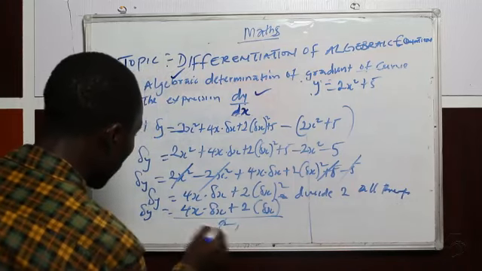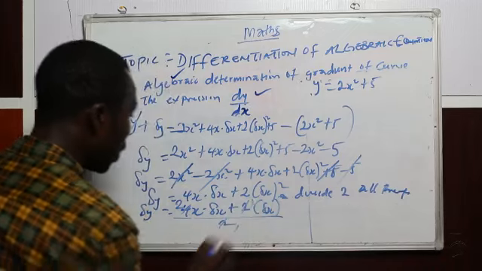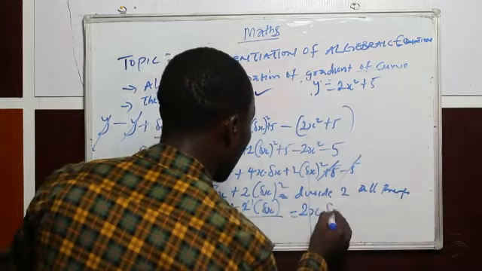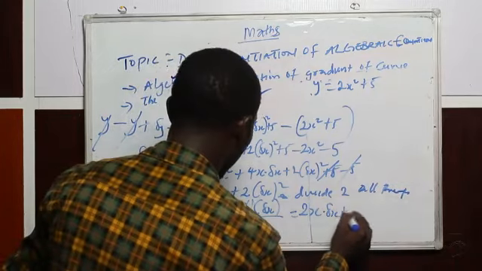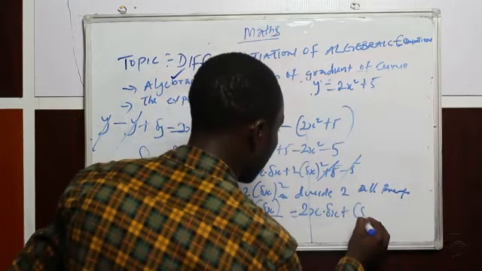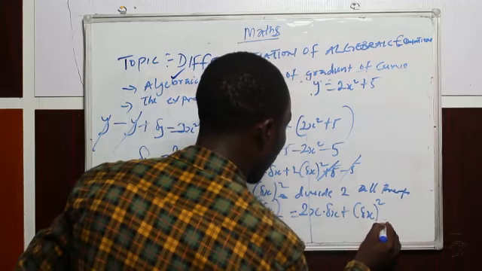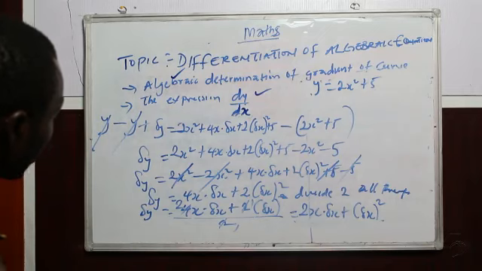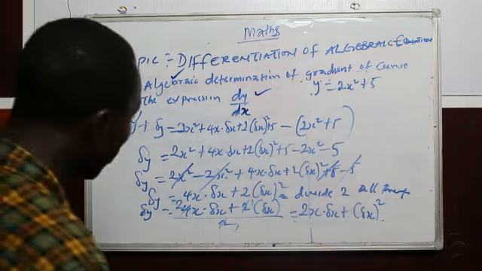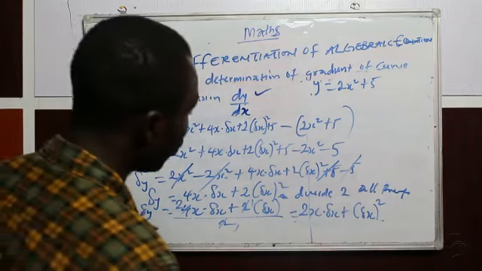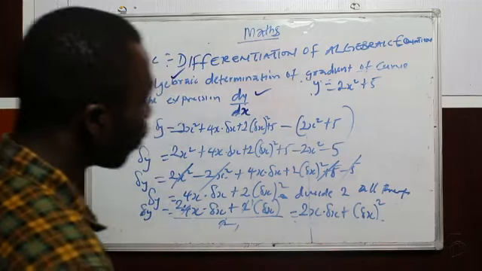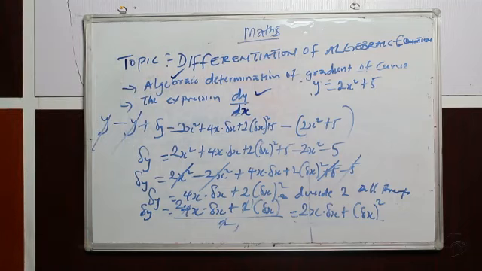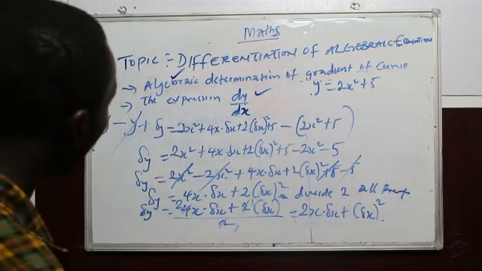We now have 2 here 1, 2 here 2, 2 here 1. We have 2xΔx plus (Δx)². That's the value we result into. So Δy is equal to 2x·Δx plus Δx squared. That is where we are now.